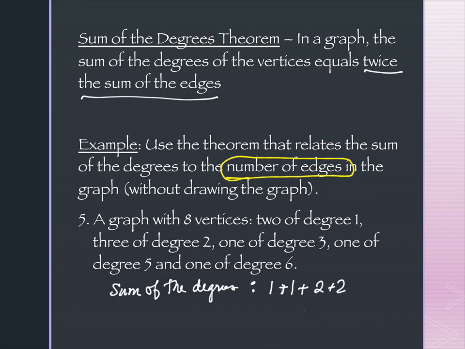Here we go. 1 of degree 3, 1 of degree 5, and 1 of degree 6. Let's just make sure that's 8 of them. Did we count 8 points there? 8 numbers there? Cool. And what is the sum that we get there? 22? Okay, so the sum is 22.